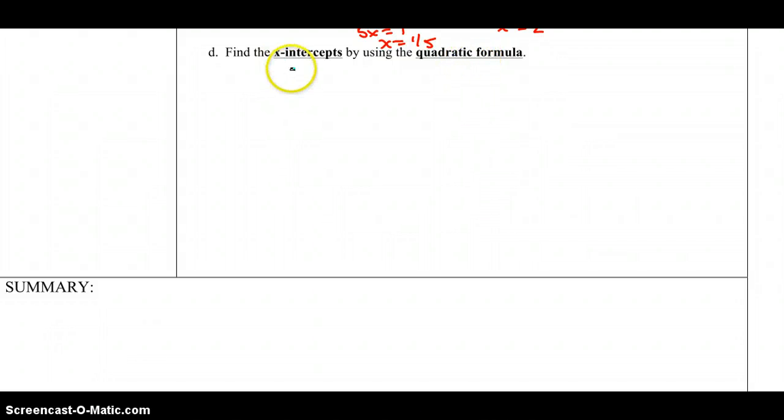So again, to get the x-intercepts, we are after points of this form, and so we need to solve the same equation again for x.